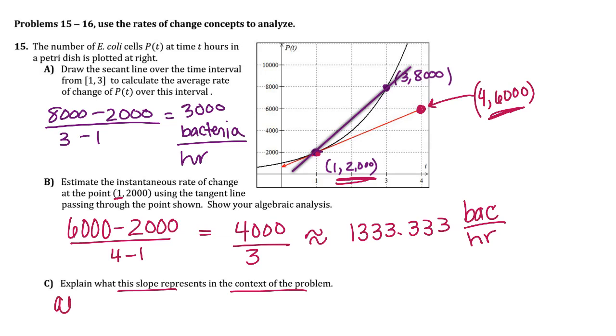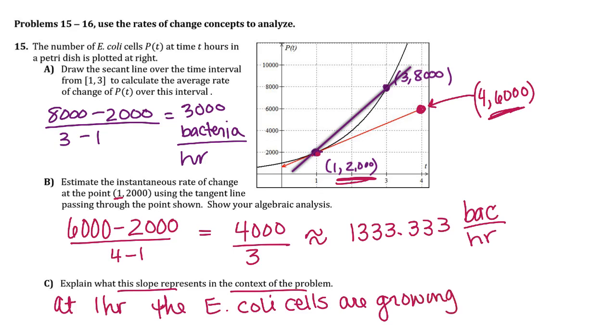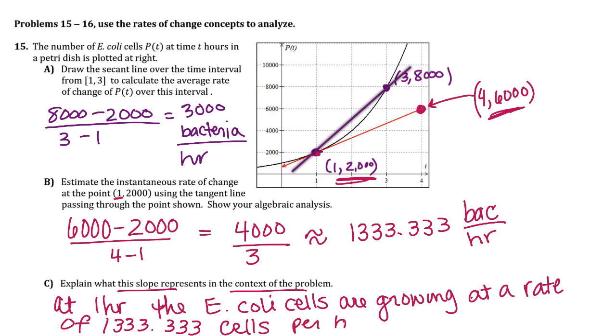So what we're going to say is at 1 hour, the E. coli, so stay in context of the problem, E. coli cells are growing at a rate of, and this is where we're going to use our estimation, 1,333.333 cells per hour.